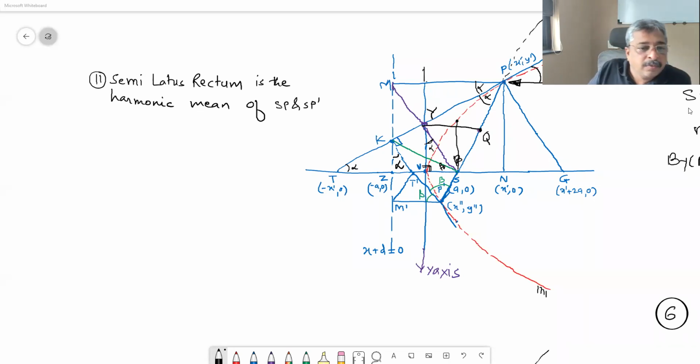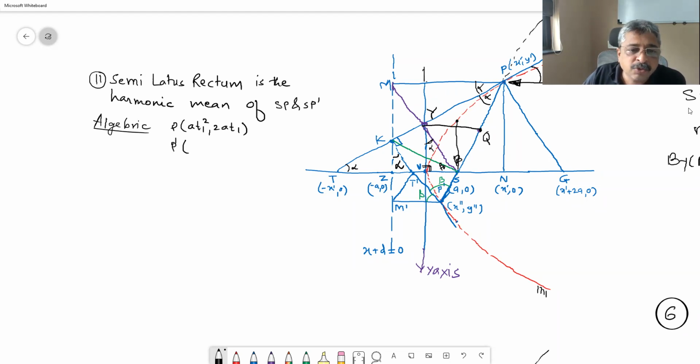Okay. Algebraic method. P is a t1 square comma 2a t1. And therefore, P dash is going to be, in terms of t1, can we write P dash? t1 t2 is equal to minus 1.